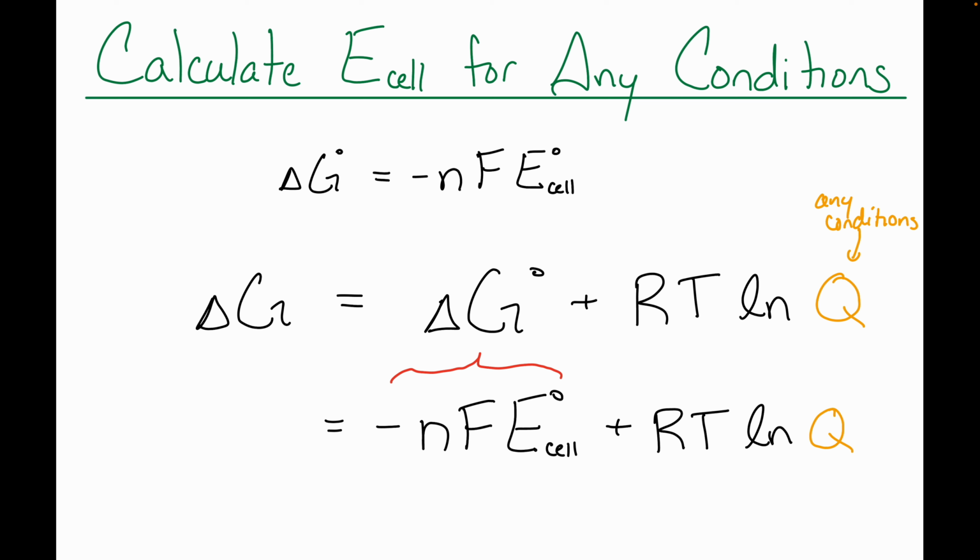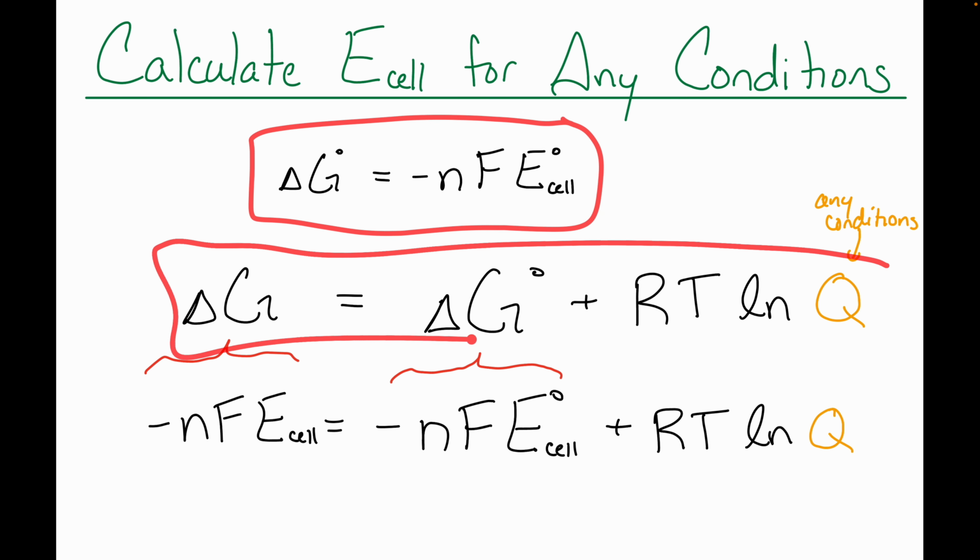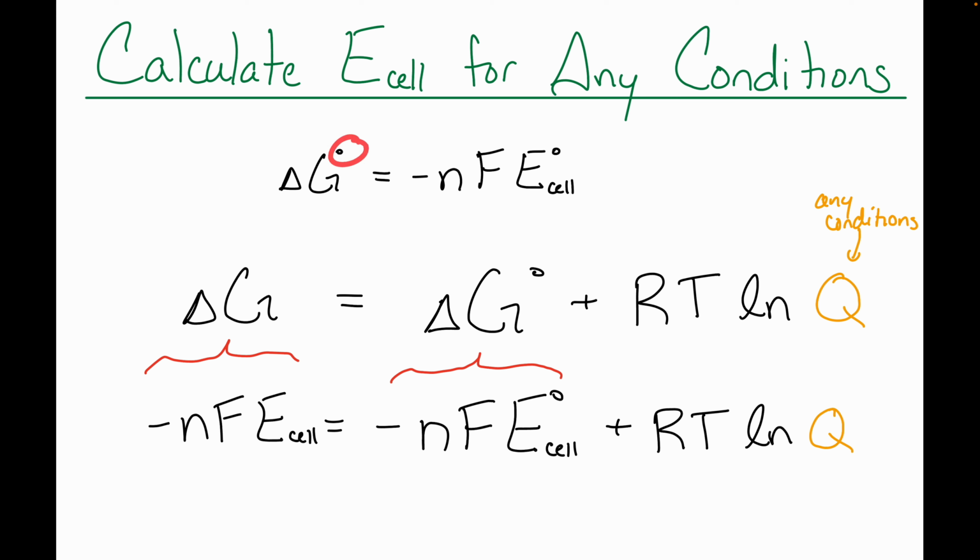And so all we're going to do now is define an analogous term for regular delta G. This is equal to negative NF regular E cell without the naught. So we just plugged in this equation to our thermodynamics equation here, both with and without that little naught.